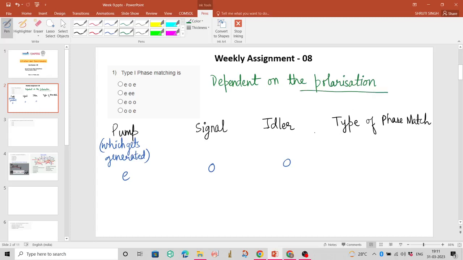If the signal and idler are horizontally polarized, say, and the pump is E, then in the last session I told you that E and O rays have perpendicular polarizations to each other. So if O is 0 degree polarized, then E will be 90 degree, right?